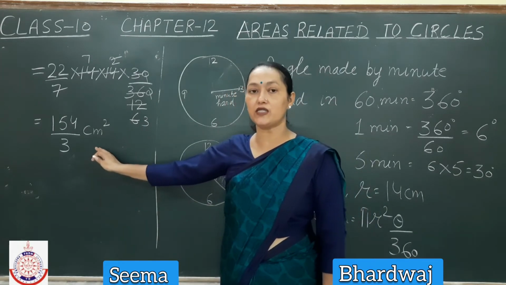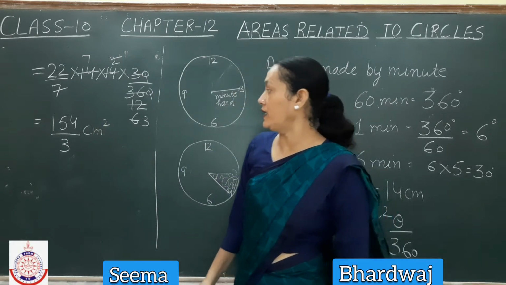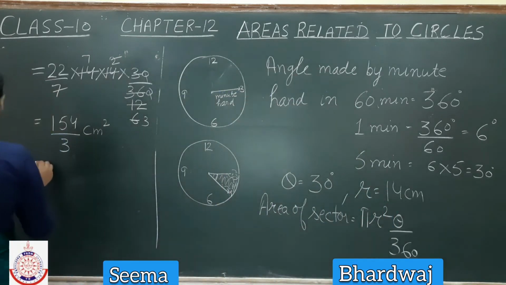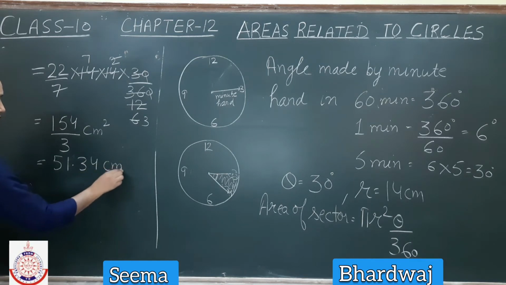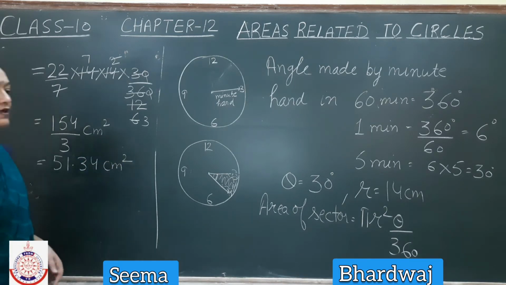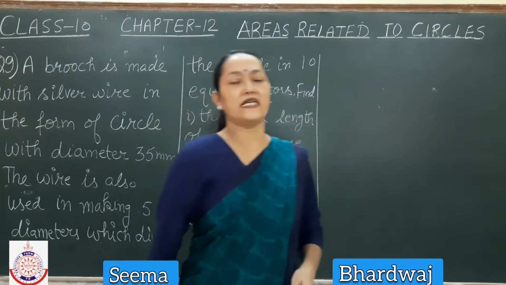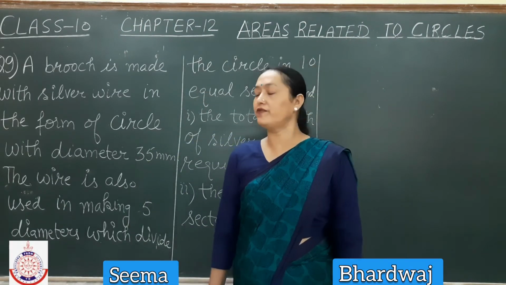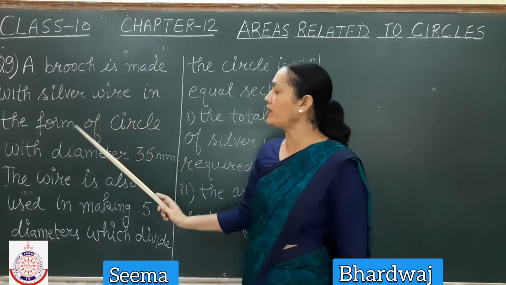This is the area swept by the minute hand. If you want to convert it into decimals, divide 154 by 3, and you get 51.33 and so on. That means you can write it as approximately 51.34. So area of sector comes out to be 51.34 centimeter square.